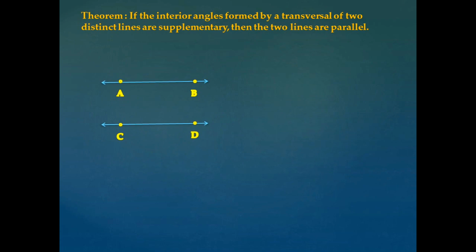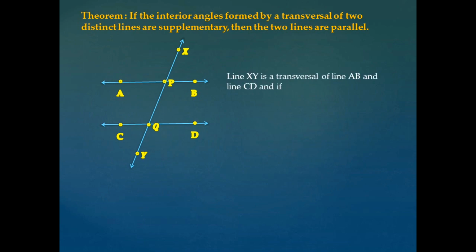So for a diagram, let us consider any two lines AB and CD, and let line XY be their transversal. Here line XY intersects line AB and line CD at points P and Q respectively.